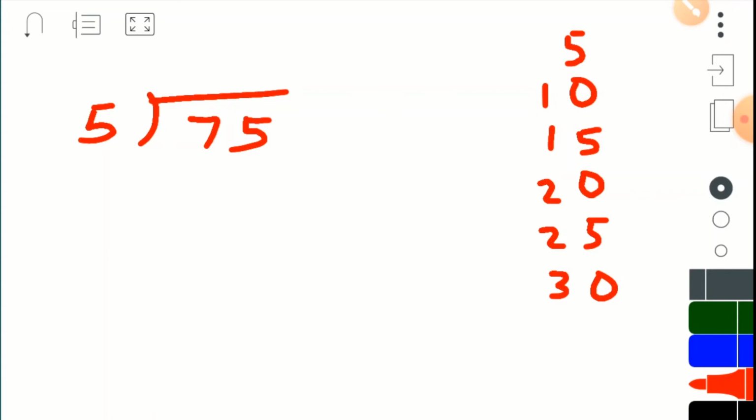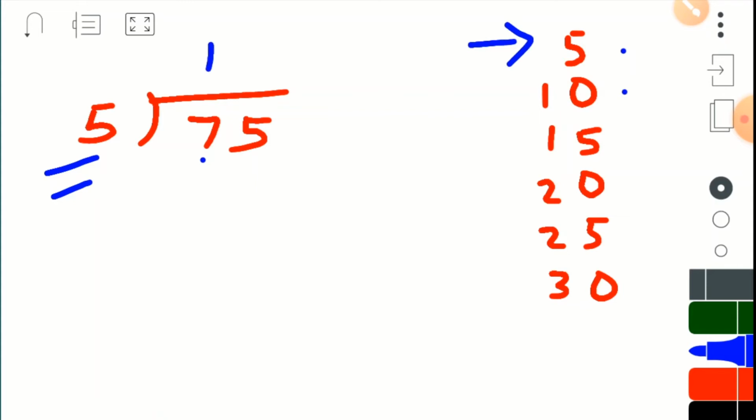Now let's see how to do this sum. Here only one digit is there, so here also you will take only one digit. 7 is greater than 5. So between these numbers 7 comes. So you will take the smaller number, that means 5. It is 5 ones are 5. Understanding, students? Now 7 minus 5 is 2.